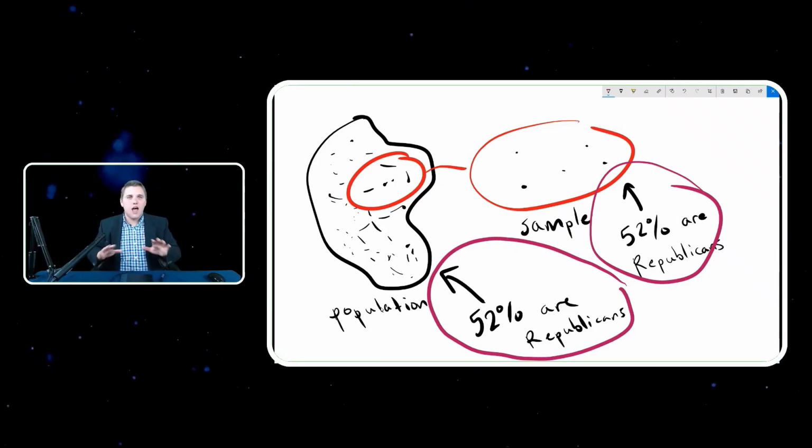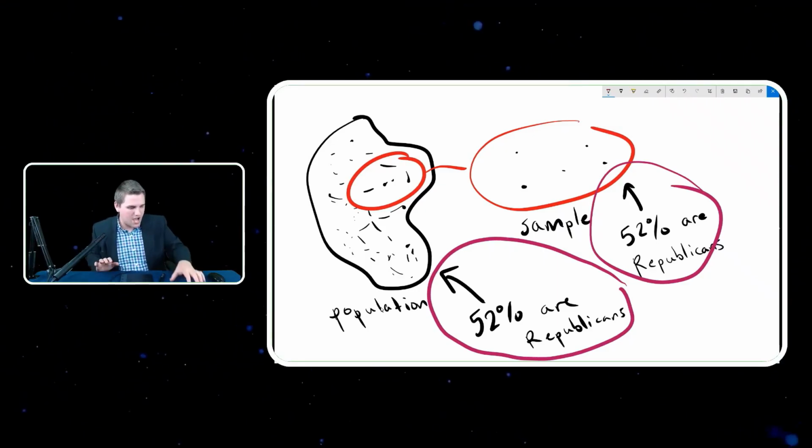So again, I just want to recap this one more time. The idea is that if you have a sample and you just focus on that sample, you just really want to talk about that sample. You don't care about the population. You don't really care about making inferences about other people. You just want to focus on this group of people that you analyzed. If that's the case, then it's called a descriptive statistic.